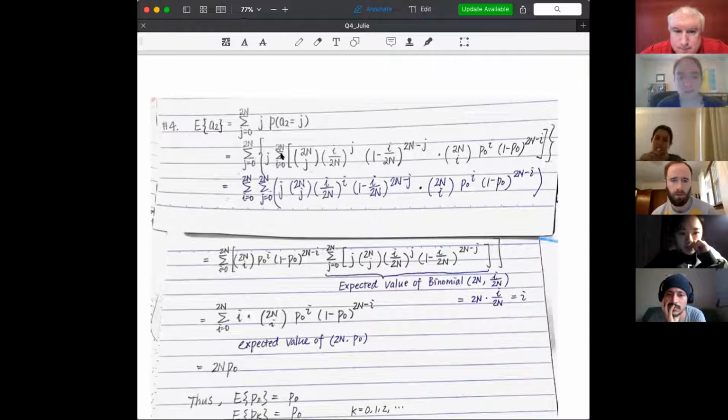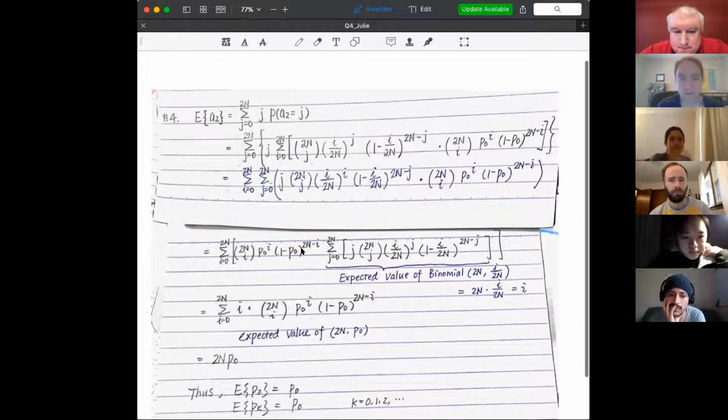And then you would change the order of summation by taking this summation out to the front, because everything involving I is encompassed in this long term.